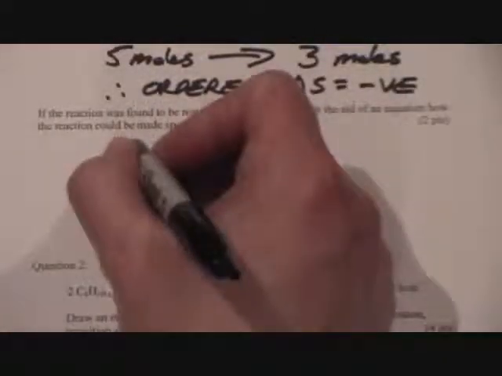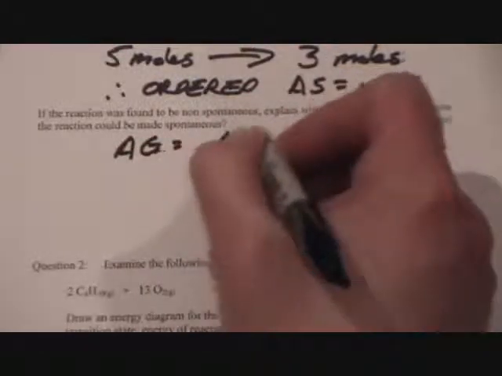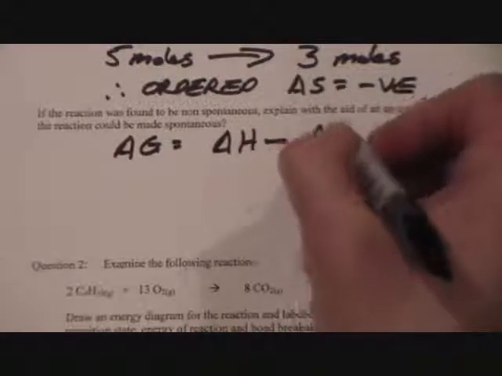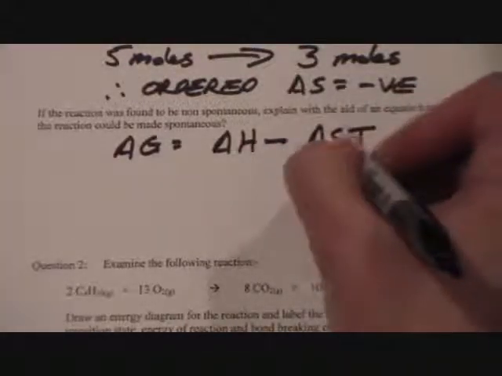Second question, explain with the help of an equation how we could make this reaction a spontaneous reaction. Well, the equation in question is the equation for the Gibbs free energy, which takes the enthalpy minus the entropy multiplied by the temperature, when the temperature is being measured in Kelvin.